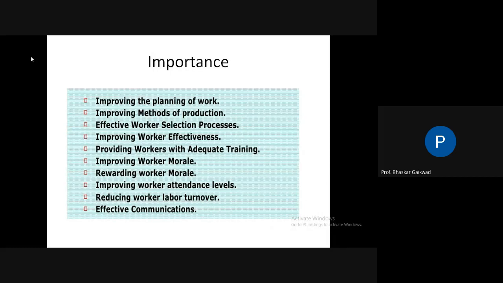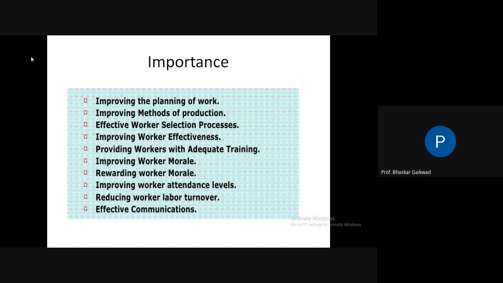Improving the workers' morale, discipline, performance, and efficiency: these things get increased by providing different facilities to the workers. For example, there will be living facilities, incentive facilities, bonus, motivational things, and awards.